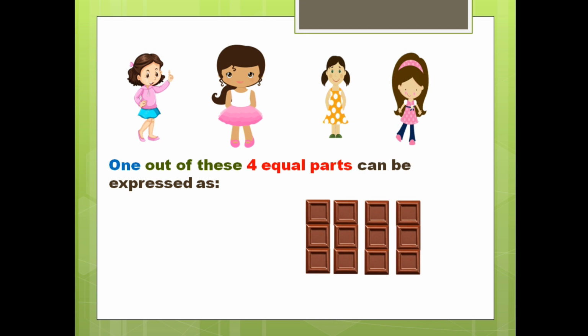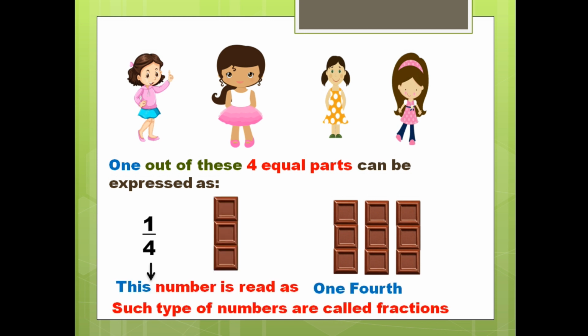And 1 out of these 4 equal parts can be expressed as 1/4. Means this, how many were there? 1, 2, 3, 4 parts were there. Yes or no? 4 equal parts. Out of that, if we take this 1 part, how can we write it? 1 by the total number of parts, which is 4.